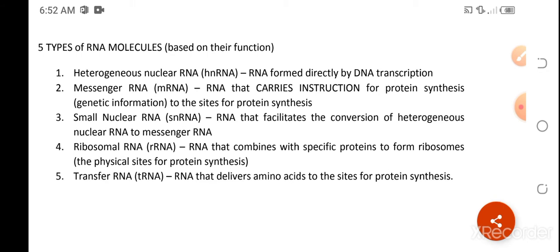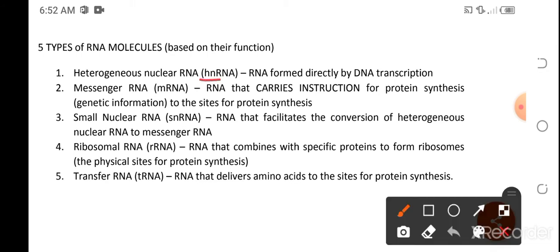Now, before again we proceed to the details of transcription, we have to review the characteristics of the 5 types of RNA molecules kasi involved sila dito sa protein synthesis. When we say hnRNA, that is heterogeneous nuclear RNA, heterogeneous ibig sabihin hindi uniform. Okay? This RNA is directly produced via DNA transcription. So ito yung product ng DNA transcription. mRNA or messenger, from the name itself, message.